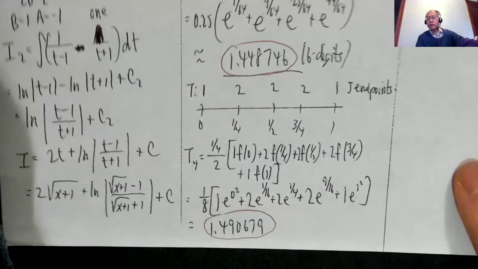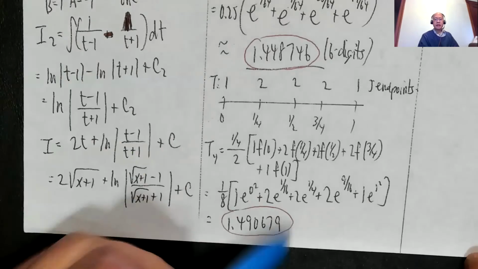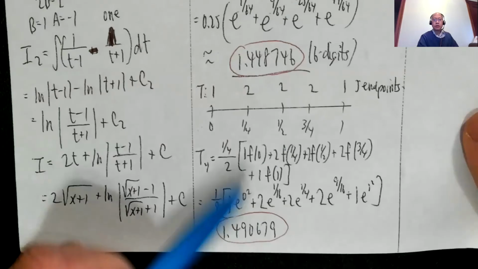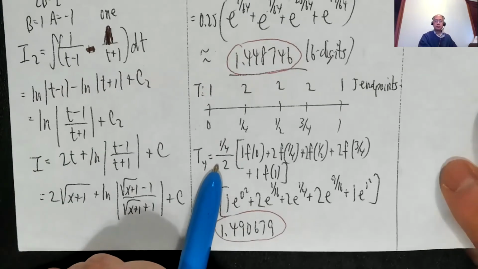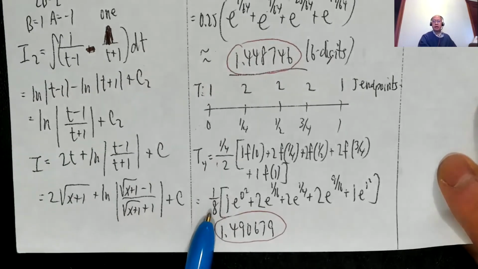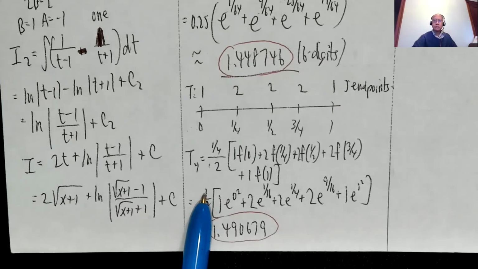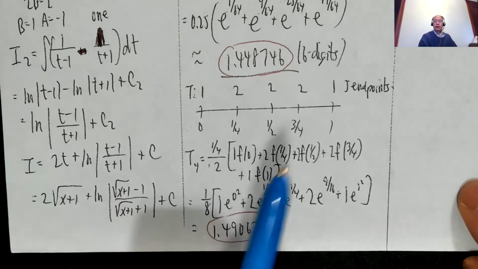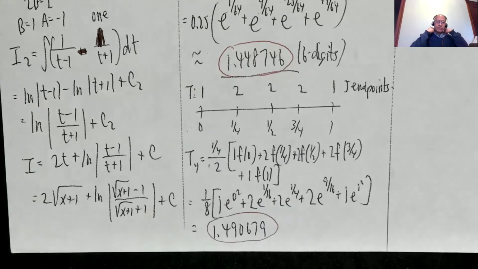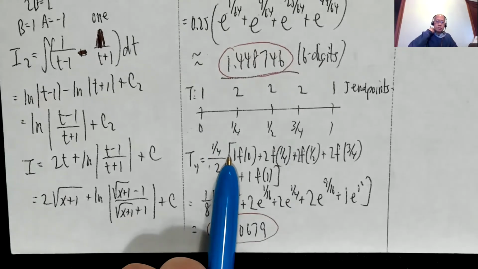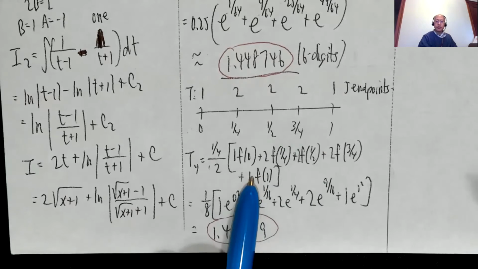So the trapezoidal rule looks like this. Delta x over 2, 1/4 divided by 2, which is going to become 1/8. Half of 1/4 is 1/8. All right, now for these 1, 2, 3, 4, 5 endpoints, the beginning, a coefficient of 1, the ending, a coefficient of 1.